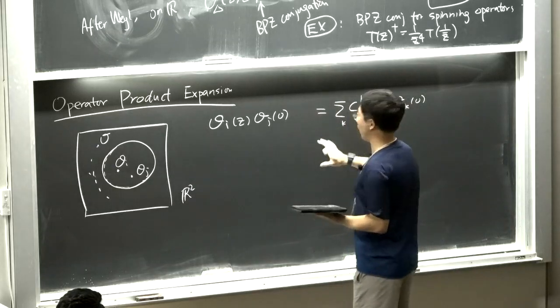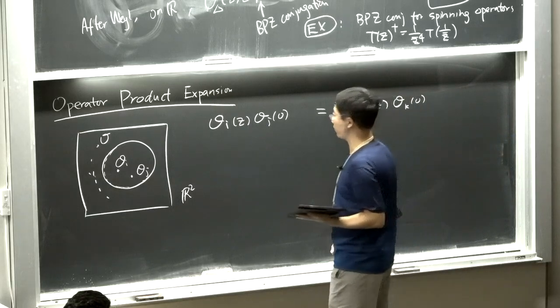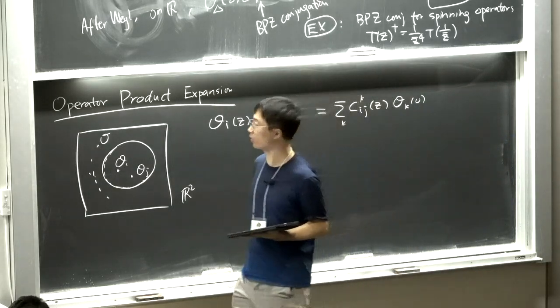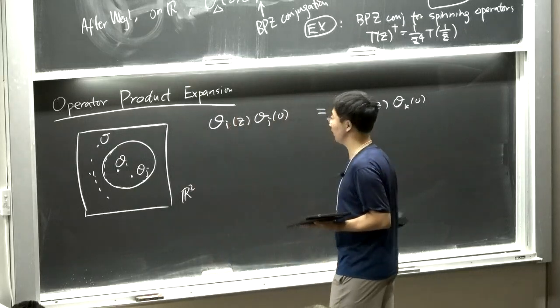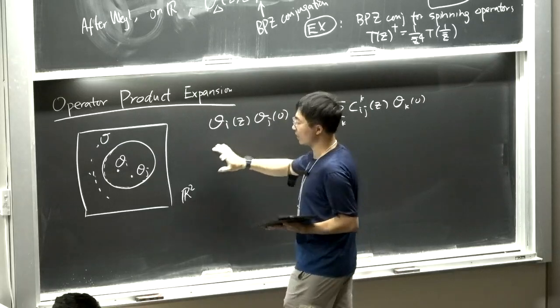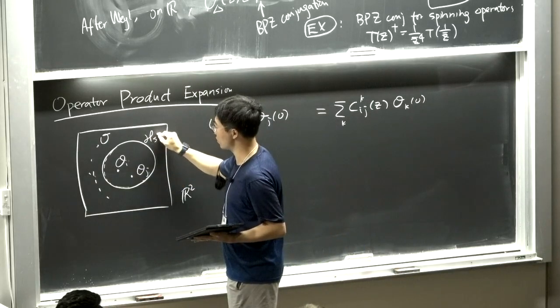So how do we derive such a relation? The way we derive such a relation is to think about this using the operator state correspondence. In other words, we think about the corresponding state created by these two operator insertions in the Hilbert space that's defined on this circle S1.